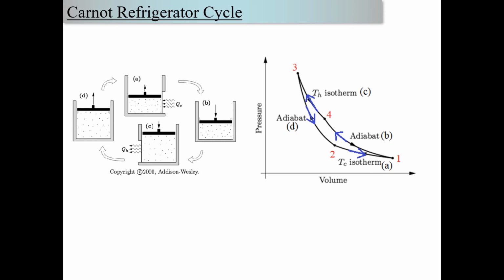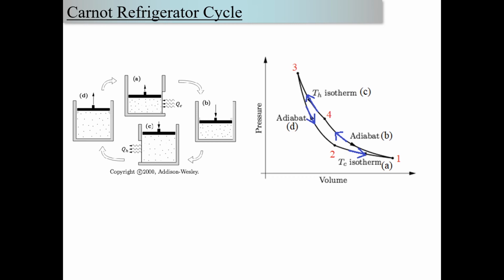Then we further compress the gas at this high temperature. As the gas is compressed, it tends to heat up, and we dump that excess heat due to this isothermal compression into the hot reservoir. So here we're making the hot reservoir even hotter than it was through this compression.